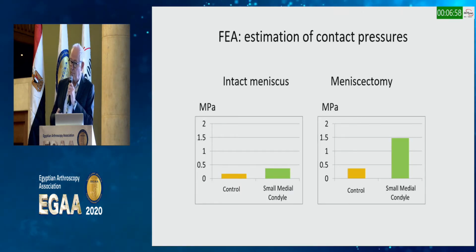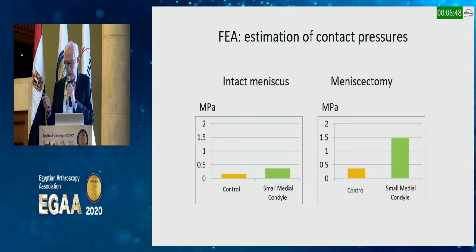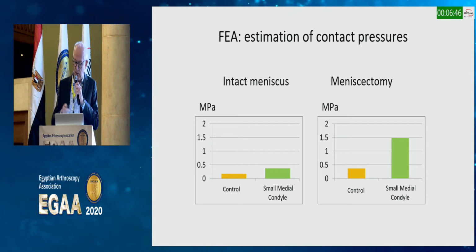But when we study this further down the road with finite element analysis, when you have an intact meniscus, the difference is relatively okay. But if you do a meniscectomy, because of overload, then you see that the pressure is really remarkable.